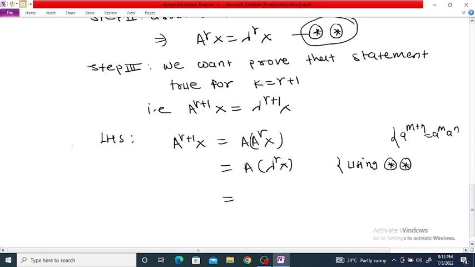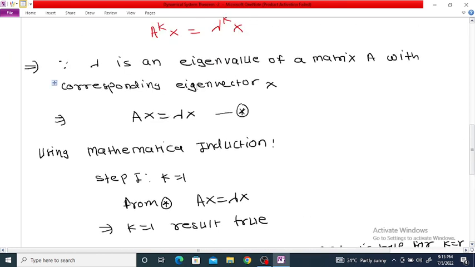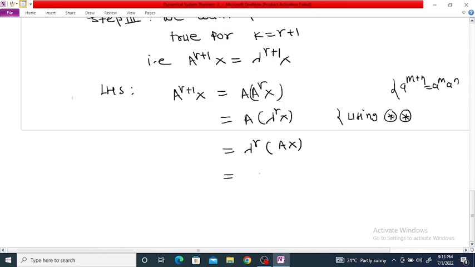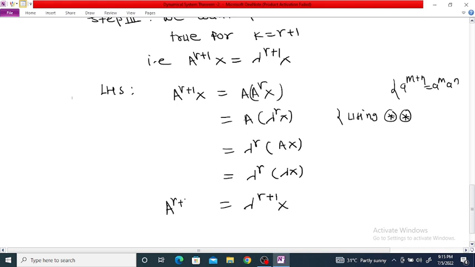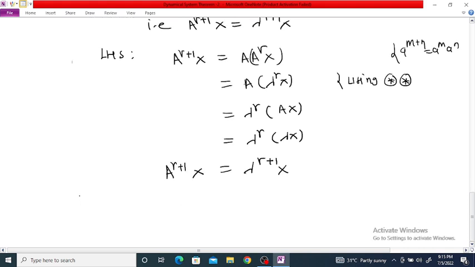Now since lambda is a constant number, we can take it outside the matrix A, so it is lambda raised to r times Ax. But again using equation star, Ax is equal to lambda x. So this is nothing but lambda raised to r plus 1 x. So A raised to r plus 1 x is equal to lambda raised to r plus 1 x, and therefore the result is true for the given statement.